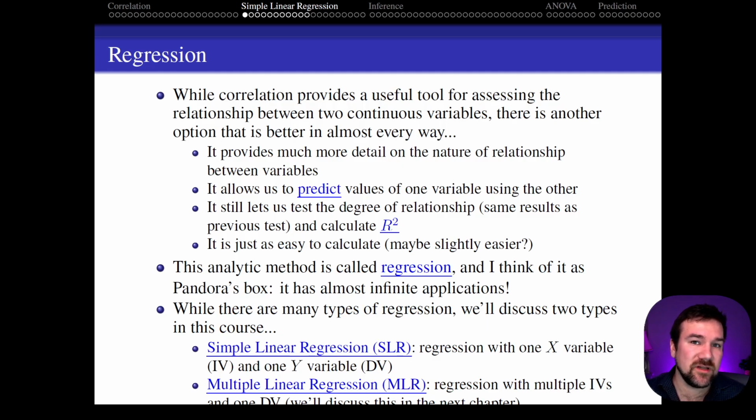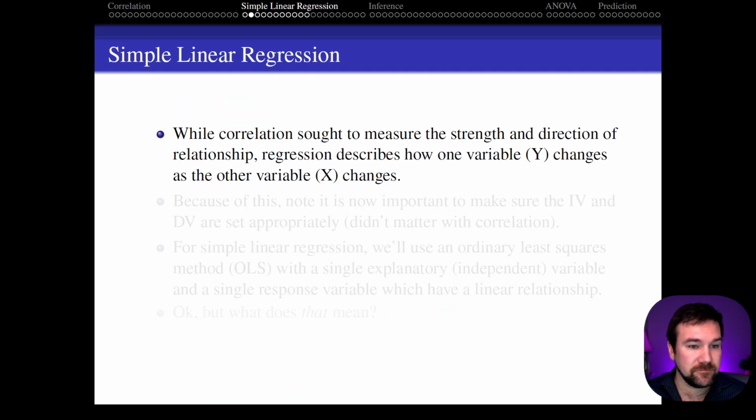I'm not going to go too in depth on that because we're going to have a whole lecture set discussing it. But that's the contrast. So when we say simple linear regression or SLR, we're not calling the analysis simple or anything like that. We're just saying that this is the regression that only includes one independent variable at a time.